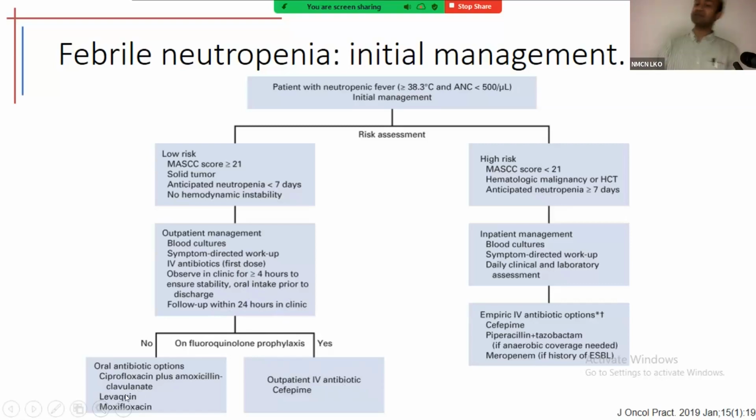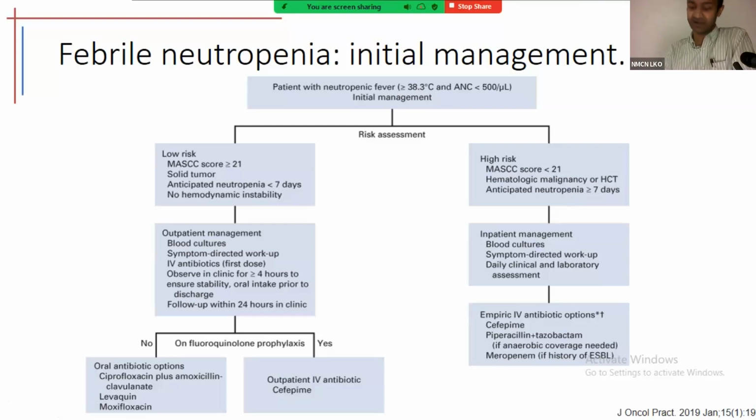Those who are at high risk, with a MASCC score less than 21, or a hematological malignancy, or on chemotherapy, or has had a transplant, and if the anticipated neutropenia is more than 7 days, you have to manage this patient as an inpatient, right? You have to send off blood cultures, do a symptom-directed workup again, and daily clinical and laboratory assessment is necessary. You start IV antibiotics straight away: cefepime, piperacillin-tazobactam, or meropenem if there is a history of ESBL exposure.